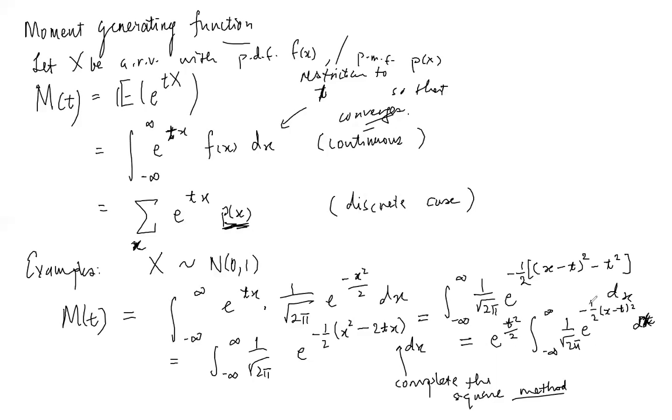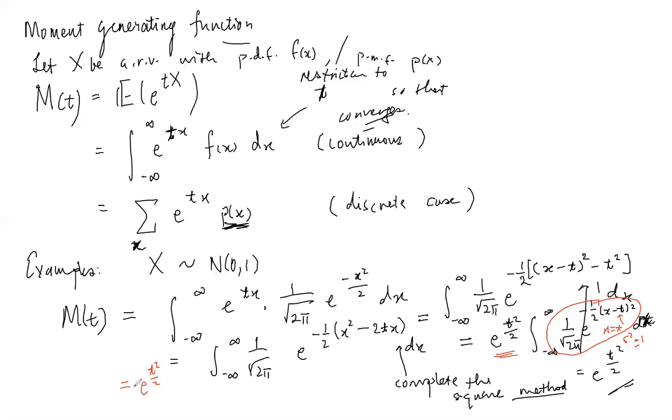Okay, so basically this integral will integrate to 1, and you will get e^{t^2/2}, right? It integrates to 1 because this is the PDF of a normal distribution with mean equal to t and variance equal to 1. So of course this will integrate to 1.